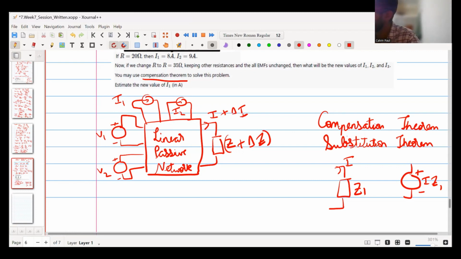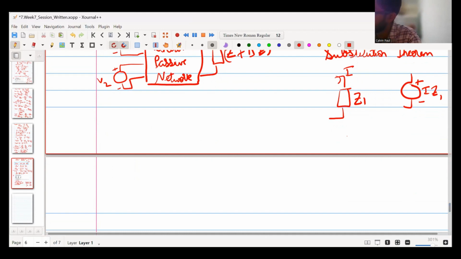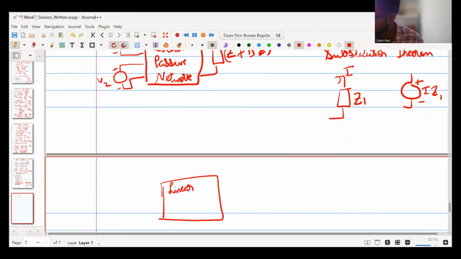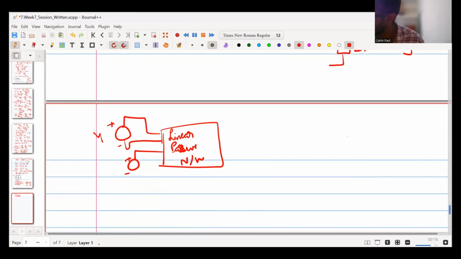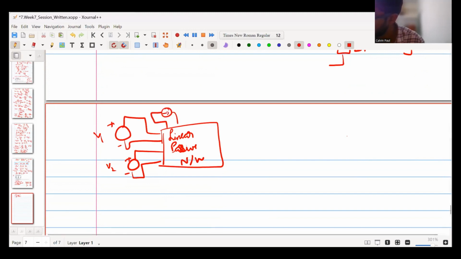So what we do over here is we have the same linear passive network, with V1, all these voltage sources, I1, I2.